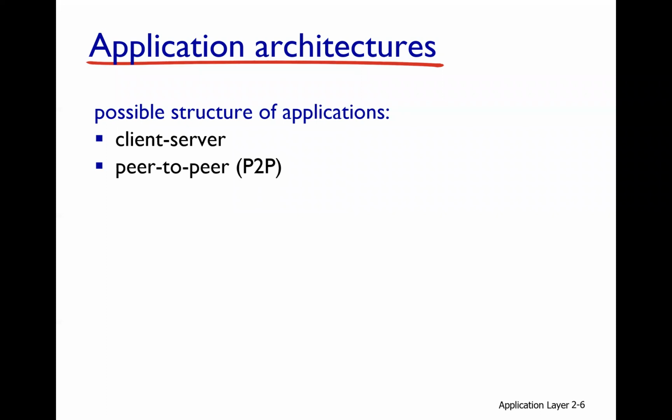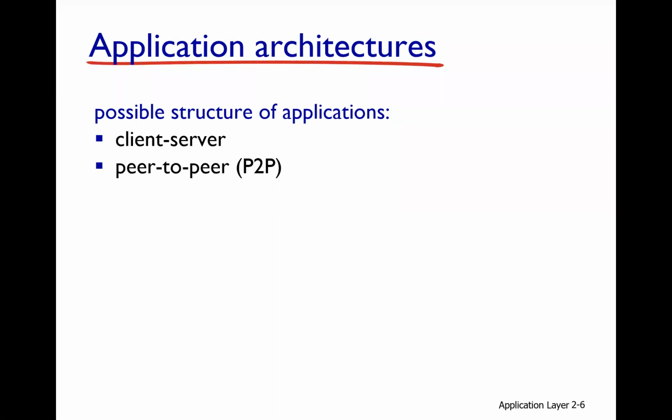In our web application example, the web server resides somewhere in a server room or at some server that's providing the web server application. And for users, or for the clients, this is the web browser that you open up to access the web application.